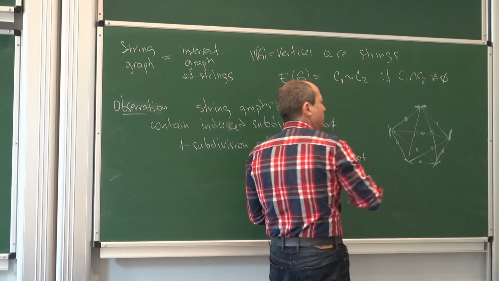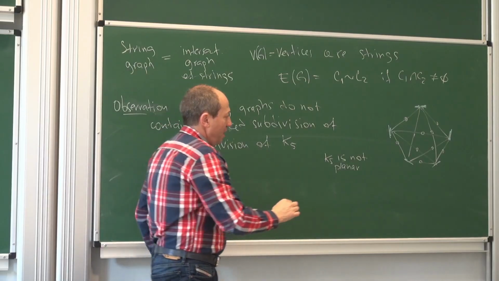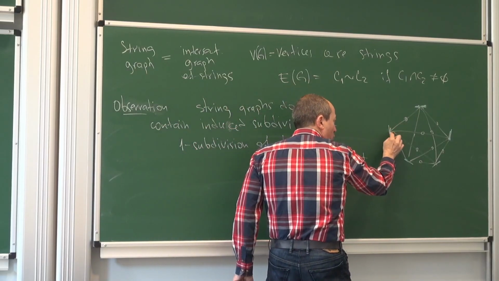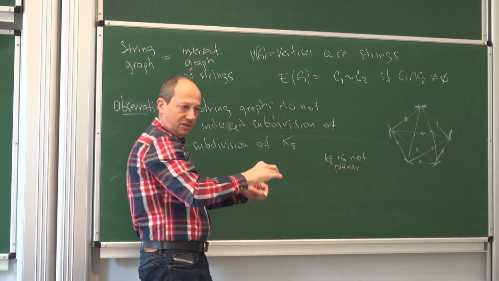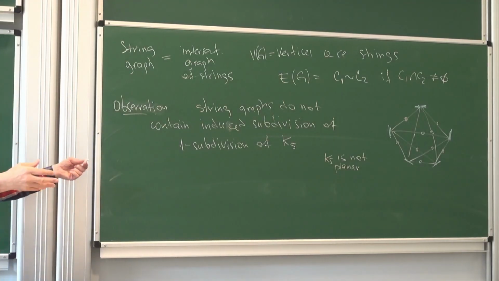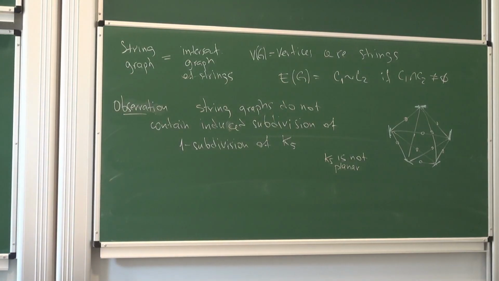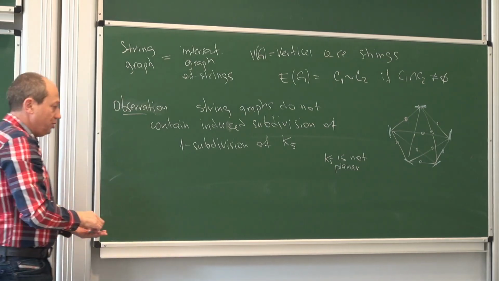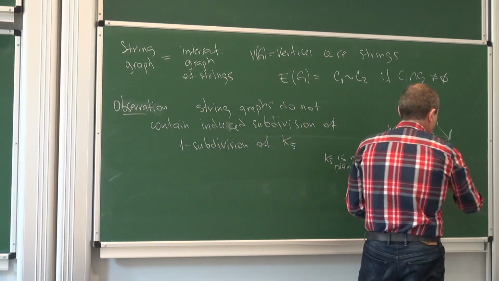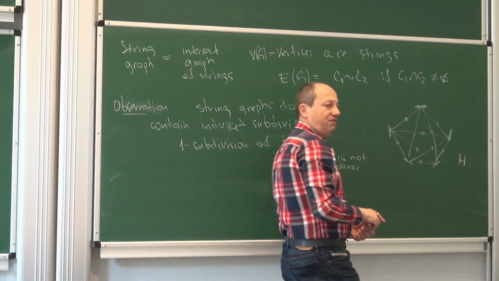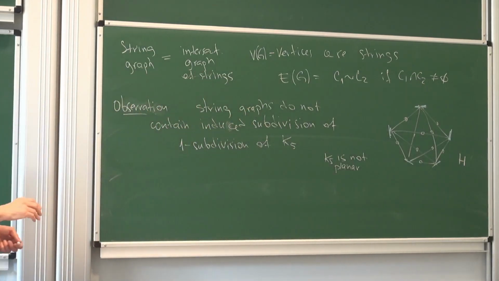Right? So think about that every point is a curve, and this curve should intersect only these two curves, nothing else, because that's exactly what it means that this graph appears in the string graph as an induced subgraph. Right? And so therefore, for string graphs, this particular H, right, if you think about this as being my H, this H and its subdivisions cannot appear as an induced subgraph in a string graph.